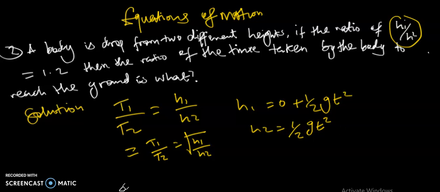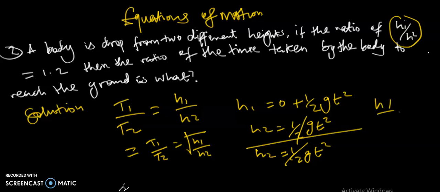But we know that it is height 1 by height 2, so we divide this so that this and this cancel, and then we have height 1 by height 2, which is equal to t1 squared by t2 squared.